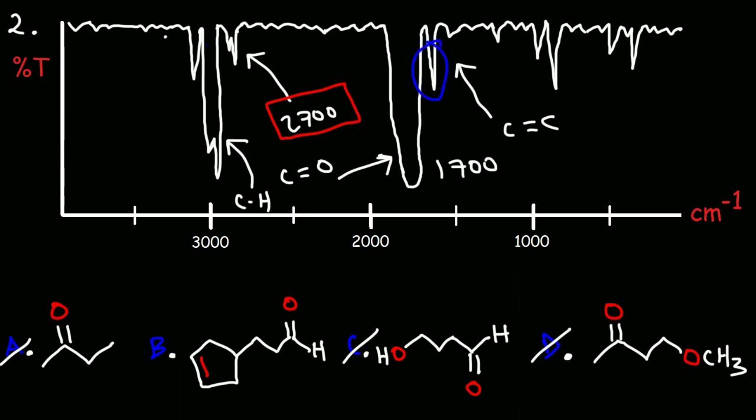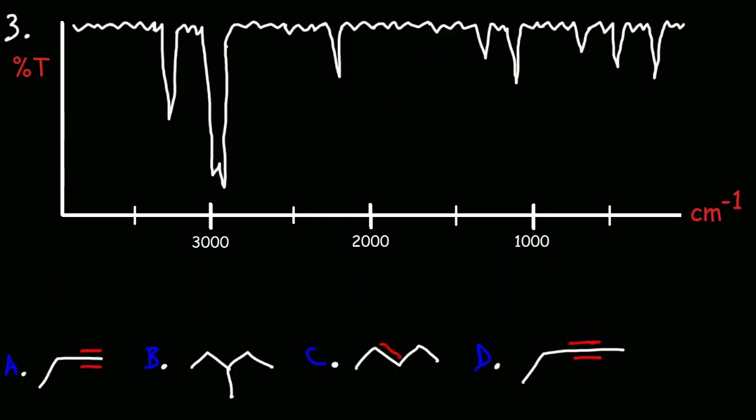And we do see the alkene double bond CH stretch around 3100. So this tells us that we have an alkene with a hydrogen on the double bond. So that would correspond to answer choice B. So answer choice B represents the molecule that best corresponds to this graph.